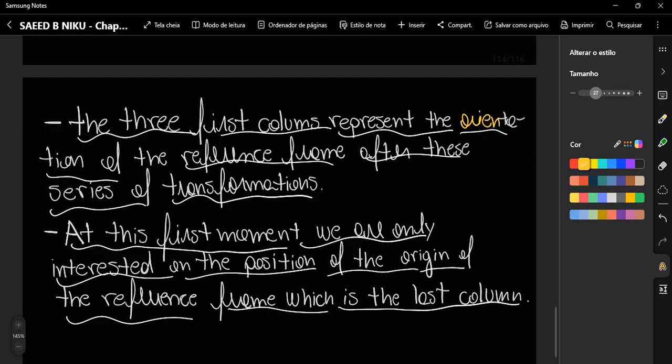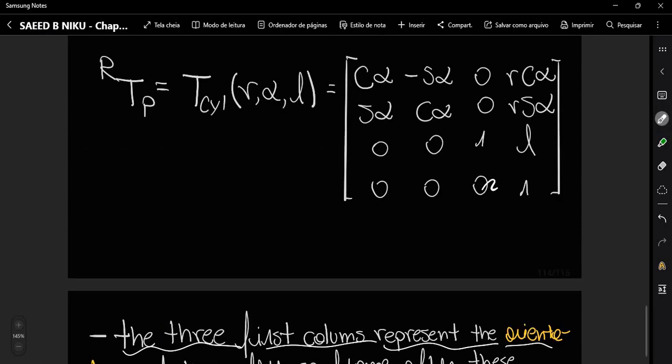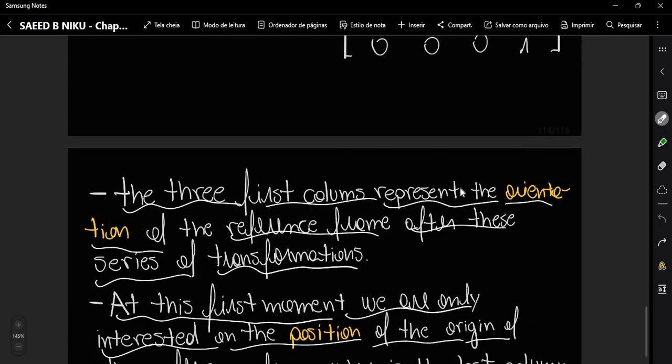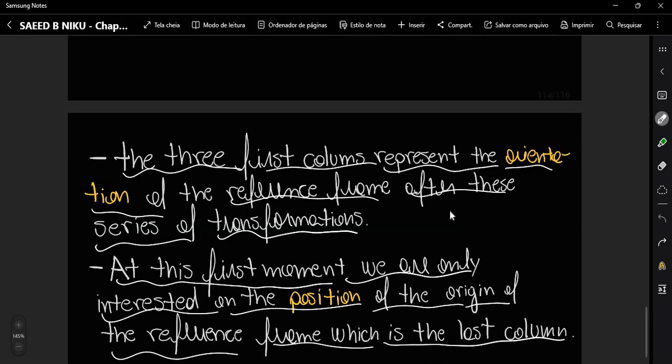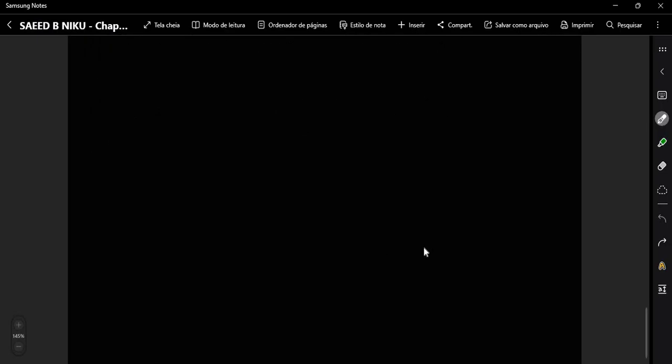Now, on this description is something I just realized right now. Right here we have the orientation. Look how interesting this is, and the position. We need three columns of this matrix to represent the orientation, and we just need one column to represent the position, which is the last column.